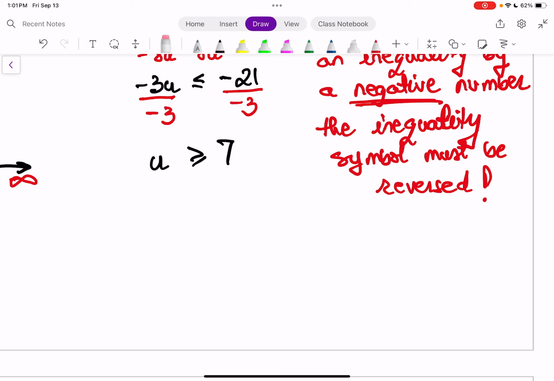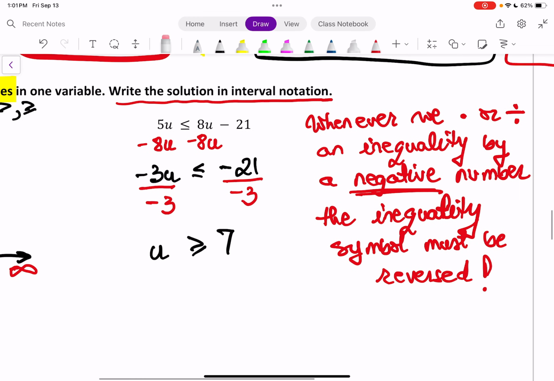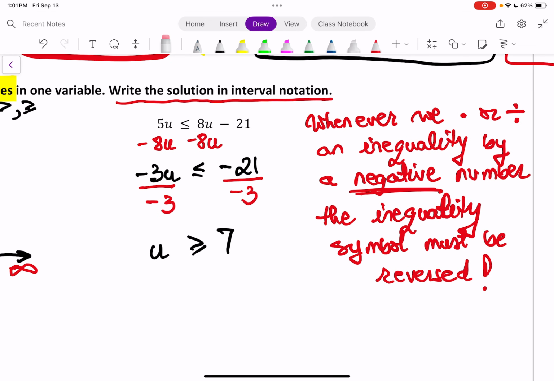That's the difference between an equation and an inequality. Maybe we had to reverse the equality symbol too, but the thing is, when I reverse it, it looks exactly the same. So there's no reason to reverse anything. So we are getting negative 3 divided by negative 3 is 1u. Negative 21 divided by negative 3 is positive 7, and you have to reverse the inequality symbol.